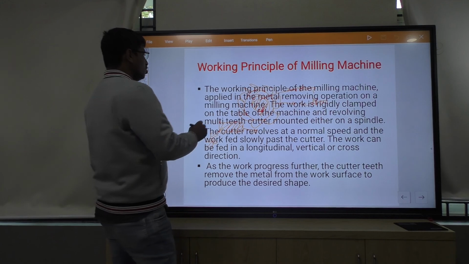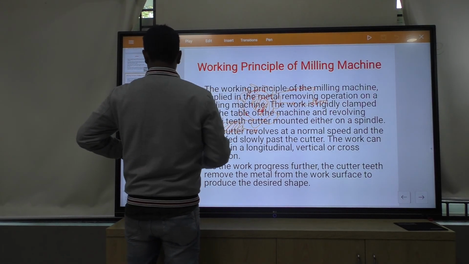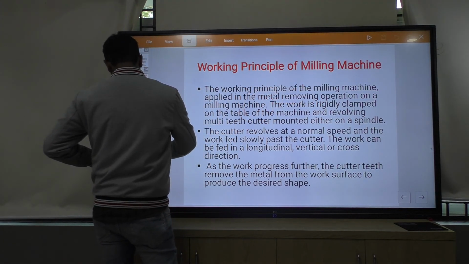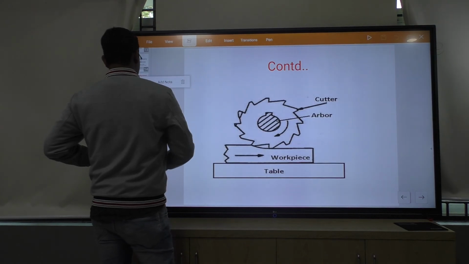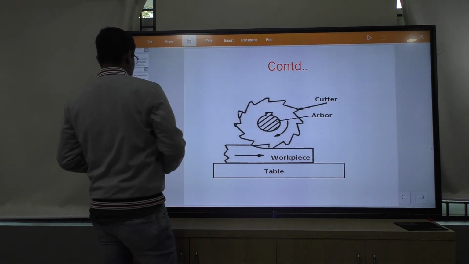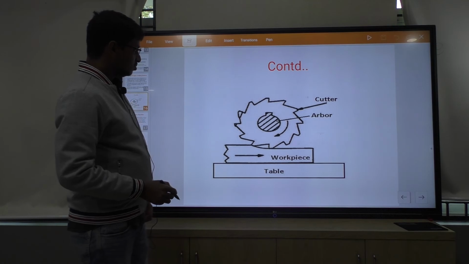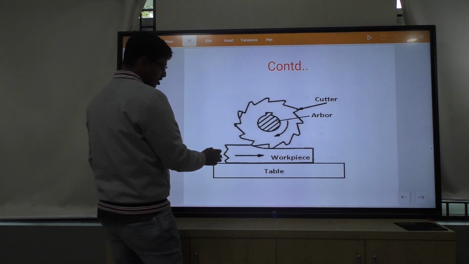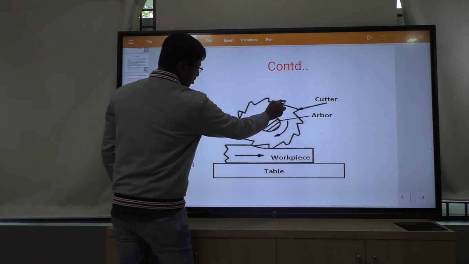Then we should know the different methods of milling. This is the working principle diagram of the milling cutter, showing the different teeth.